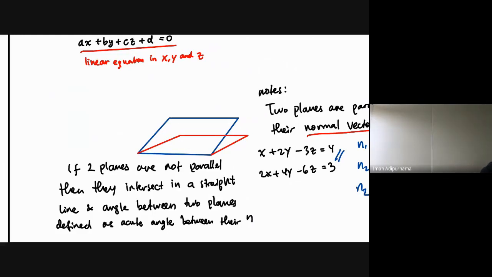So if we have this normal vector, and this is the other normal vector, let's say this is n2, this is n1, and you will have angle theta in between.